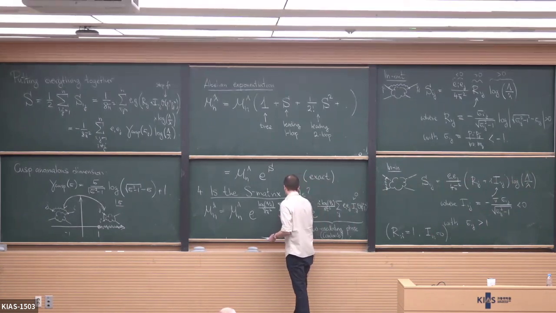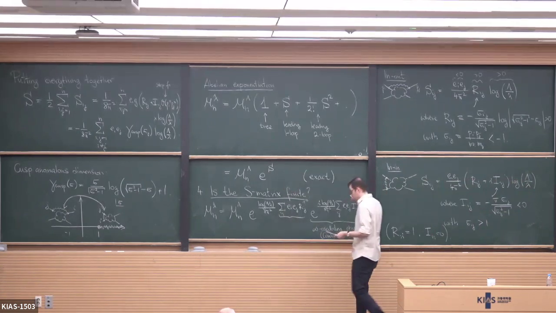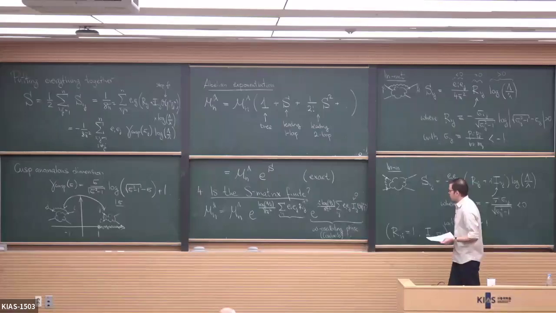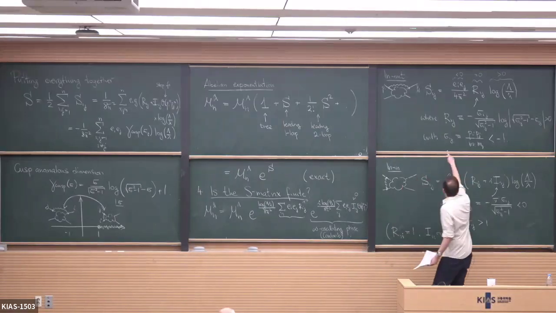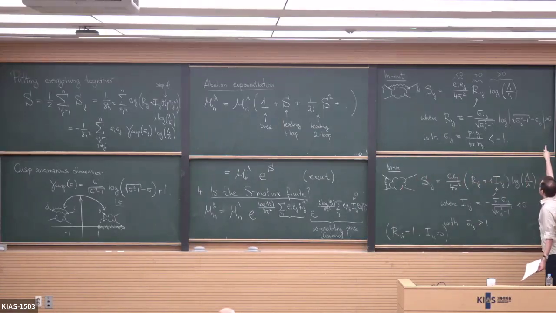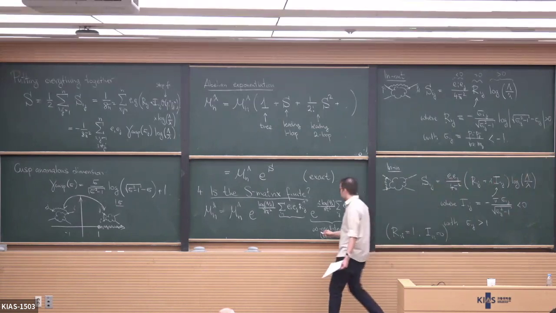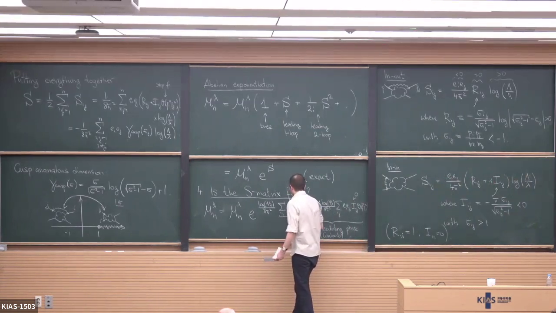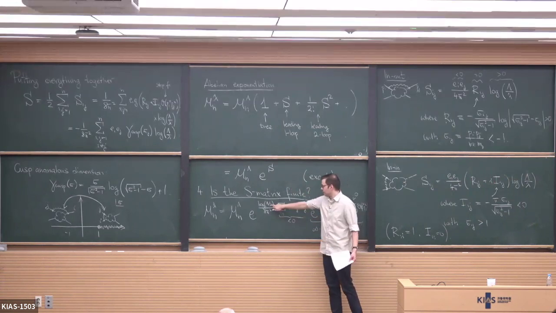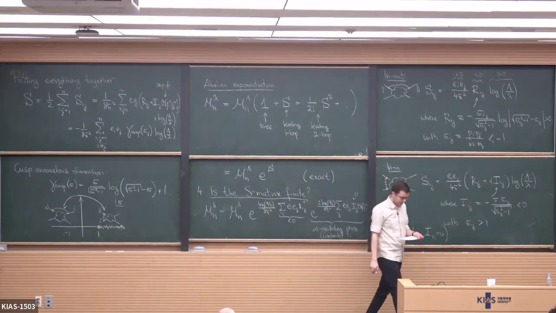Okay, now what about the other factor in here? Okay, so I already mentioned that R, the real part of the divergence, is positive, and this means that this whole exponent here is negative. So what does it mean?